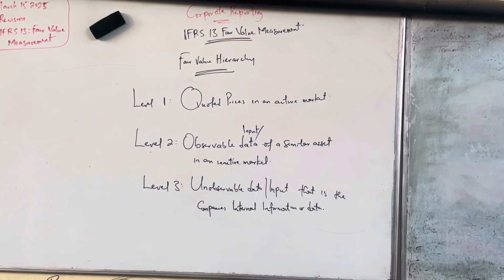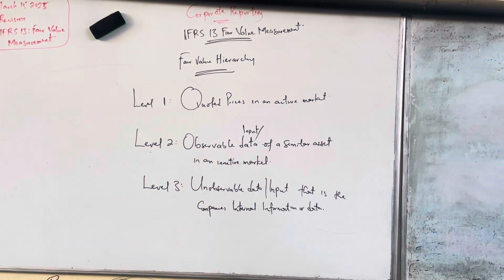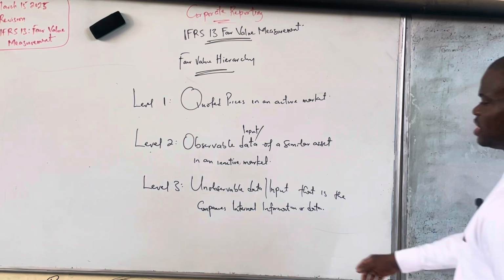Using the company's internal information or data, that is level 3. We do not encourage this at all because they are unobservable inputs. Unobservable input is not recommended. And which approach uses this? Income approach. Abi? That's the one that uses DCF because they are using the company's data.